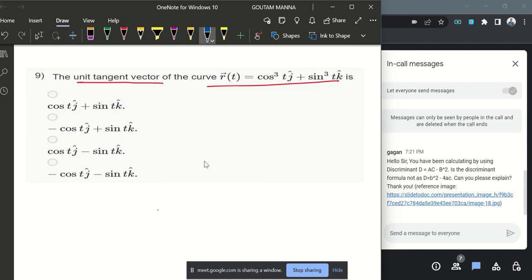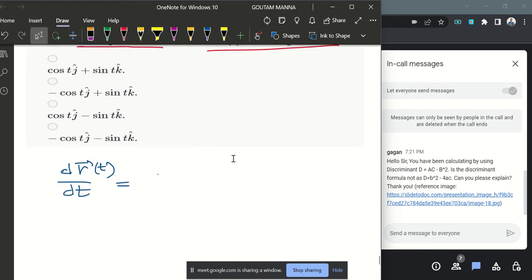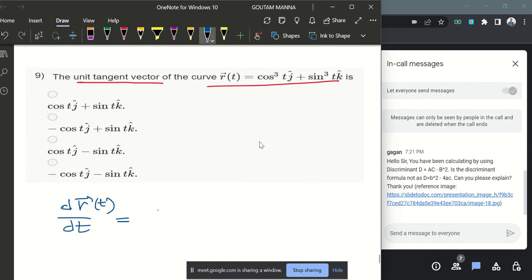The curve is given, so any tangent vector will be given by dr/dt, which is the direction of any tangent vector.